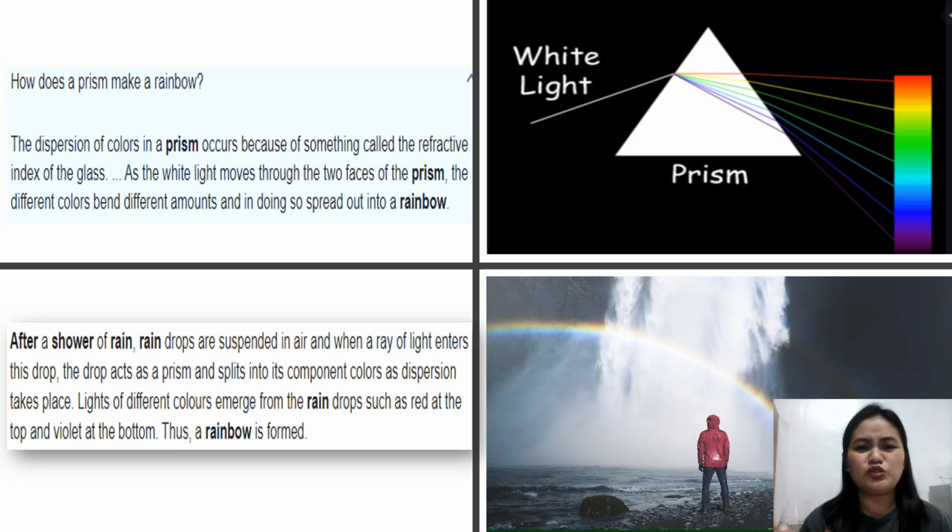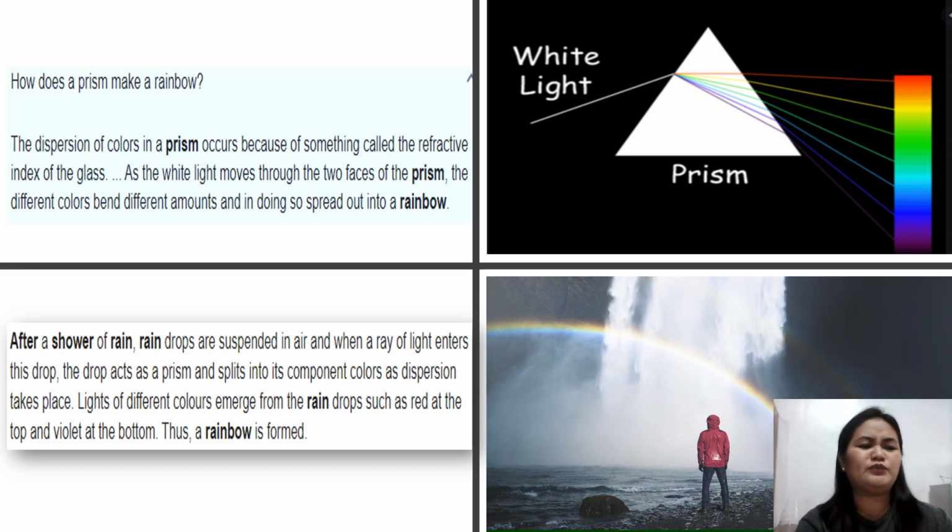Kaya siguro ganun yung ginawa ni God, makikita mo lang si rainbow kapag na-scatter na yung visible light. Anong gamit? Prism. Naturally, we have prism, those are the raindrops, water vapor in the air. Kaya nakakakita tayo ng rainbow pagkatapos ng ulan kasi nga maraming raindrops dyan sa, anong tawag dyan, sa atmosphere?